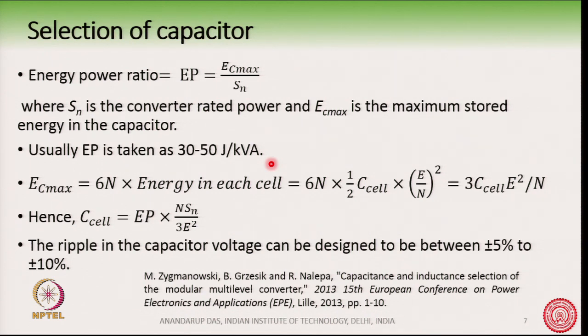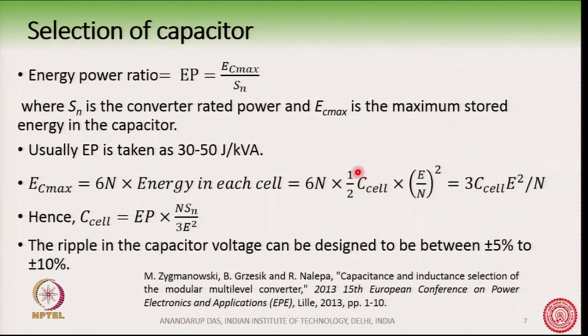So, if you just substitute here, EC max is 6N into the energy in each cell. Now, 6N means, because in an MMC there are 6 arms and each arm has N number of cells. So, the total EC max is 6N into the energy in each cell. And what is the energy in each cell? That is equal to half CV square.